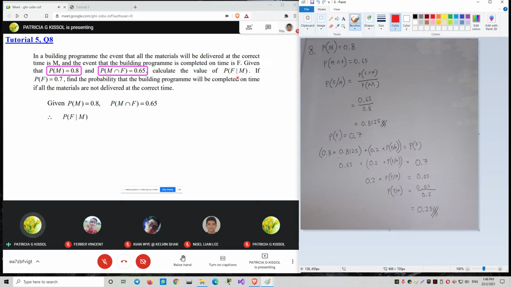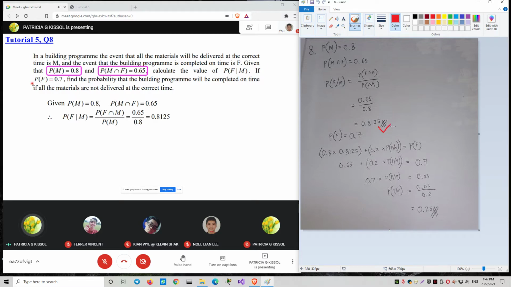Therefore probability of F given M, this is the conditional probability, and what we have is probability of M and F, which is the same as probability of F and M because they are commutative. It's the same even though you change the position of it. So it's still 0.65 divided by 0.8, and calculating this, you get 0.8125. So that is quite straightforward, isn't it?